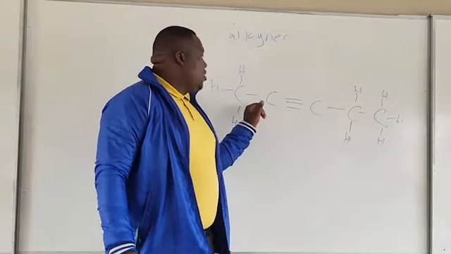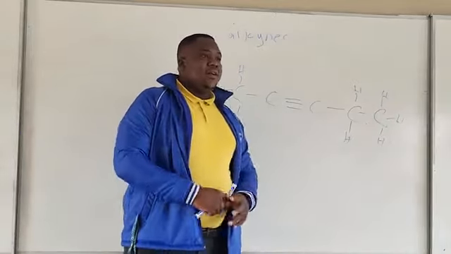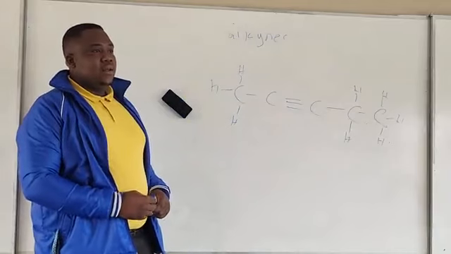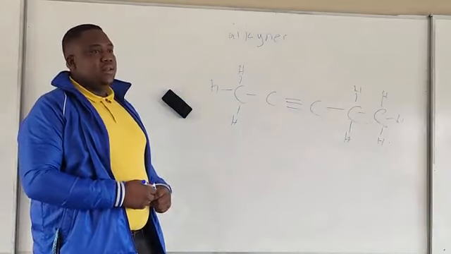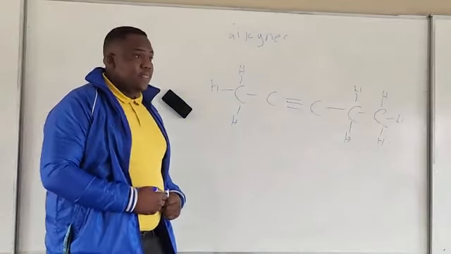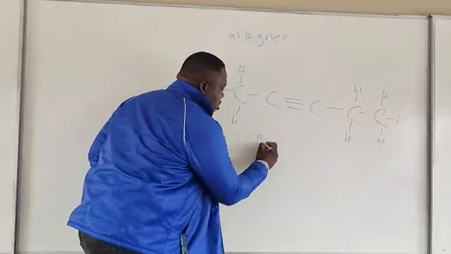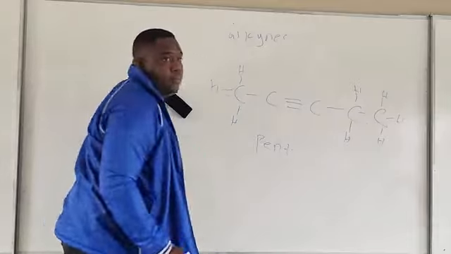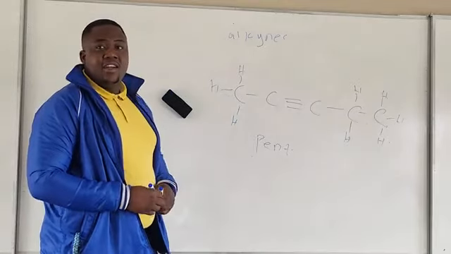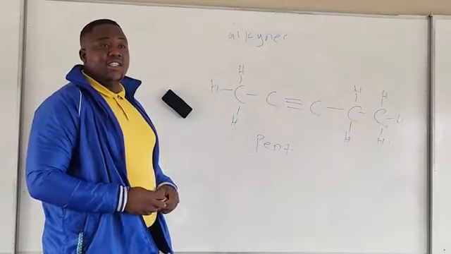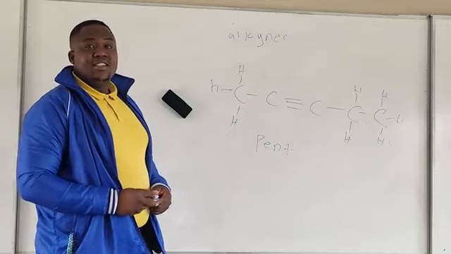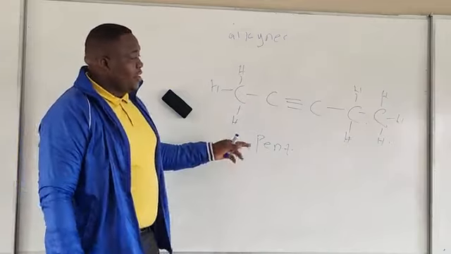Let's count how many carbons. 1, 2, 3, 4, 5. It has got 5 carbons, right? What do we call 5 carbons? Pent. We said the pent is 5, right? So it's pent, this one.